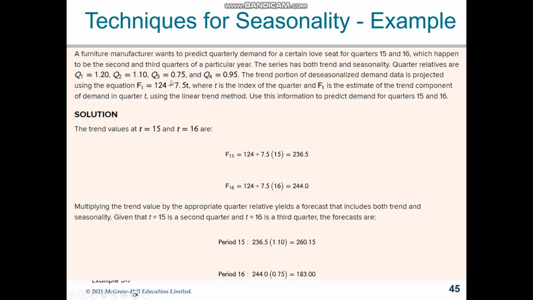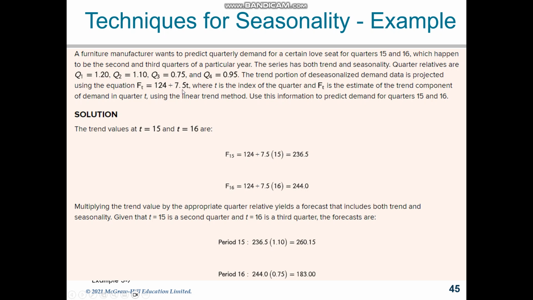Here in this example, we first calculated the seasonal factors. Q1 to Q4 are the seasonal relatives, and then we deseasonalize the data, and we have used a linear trend model. Here is the line equation that we use for forecasting the deseasonalized data.